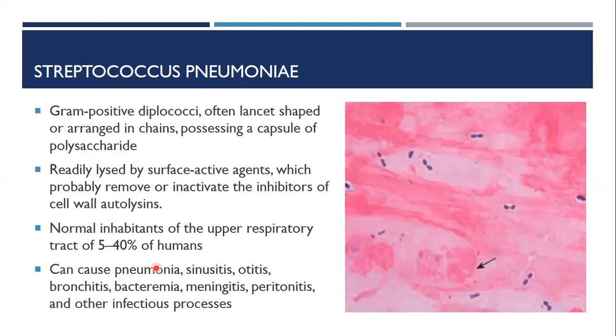Then, second to the last organism, we have Streptococcus pneumoniae, which is a gram-positive diplococcus. It possesses a capsule. A very important thing to note is that it produces autolysins.